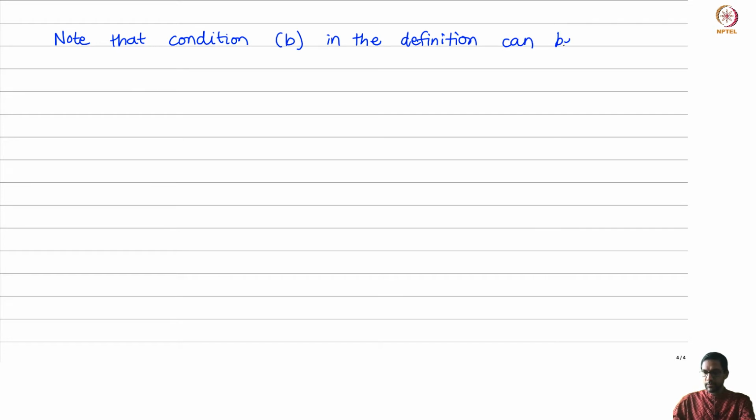Note that condition 2, or condition B, in the definition can be replaced with an equivalent condition. So let's call that B dashed. Okay, this is now called condition B dash, which is the following: that f(alpha 1, alpha 2, ..., alpha n) equals K, where what is f(alpha 1 through alpha n)?